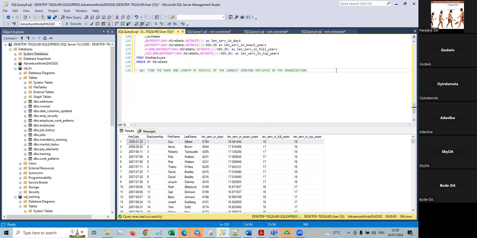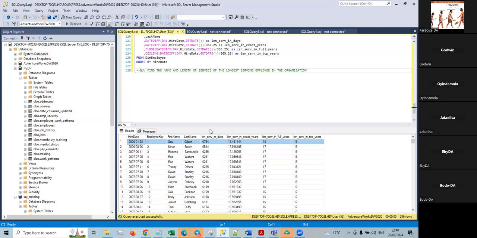Now, I'm asking this question based on the assumption that we don't know this is the person. We now know this is the person, right? But this question is based on the fact that we don't know that. The question just asks us to find the name and the years of service of the longest serving employee in the organization.